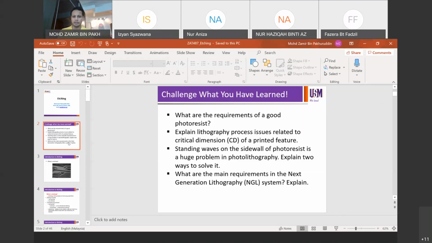What are the requirements of a good photoresist? What are the properties, typical characteristics of a good photoresist? If you have to say 3, then what would be the 3?